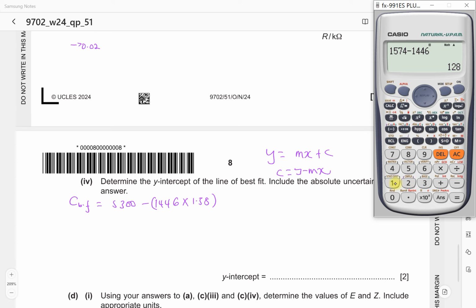So we have 1446 times 1.58, and 5,300 minus the answer. So it's 3015.